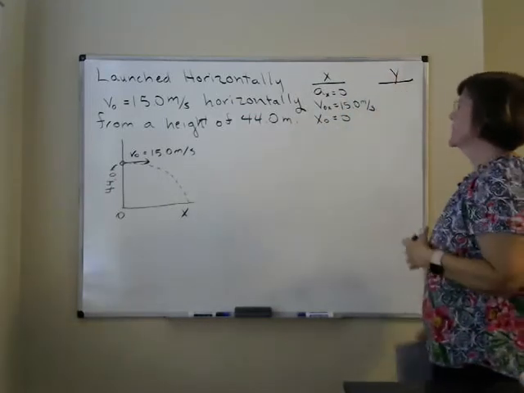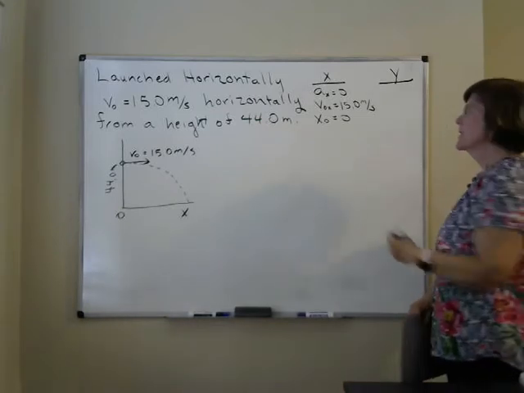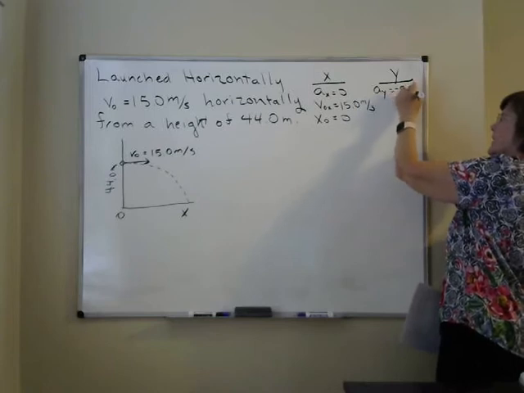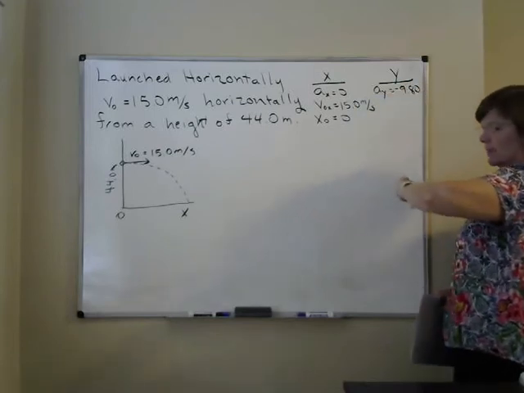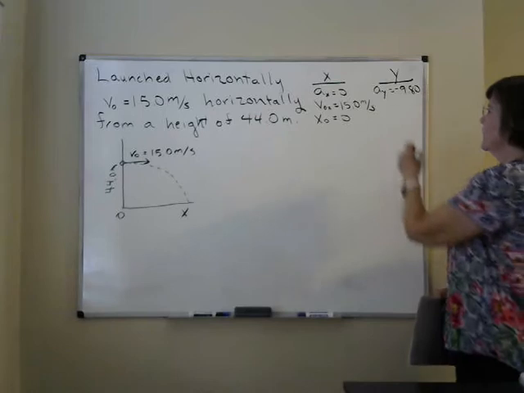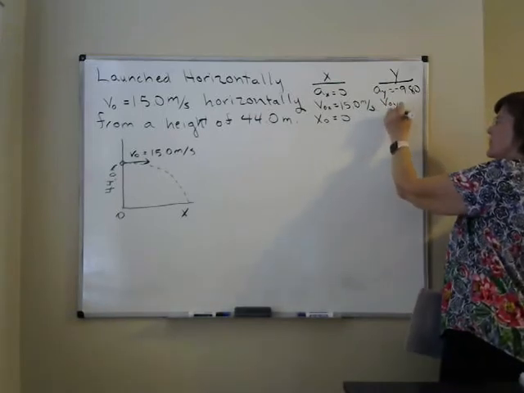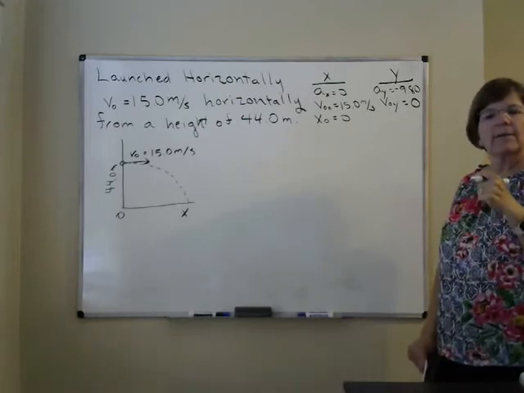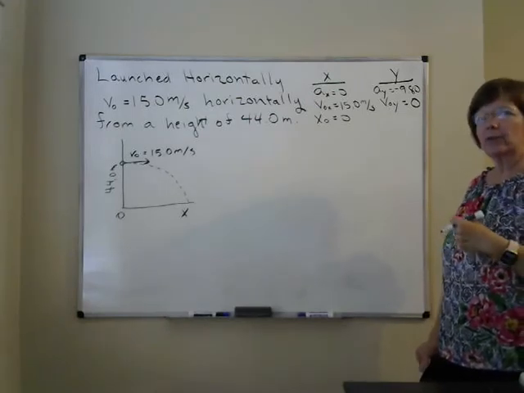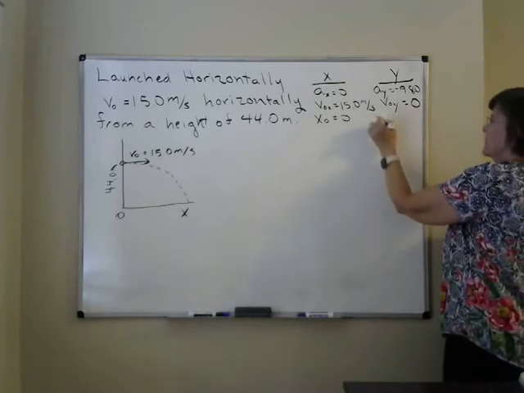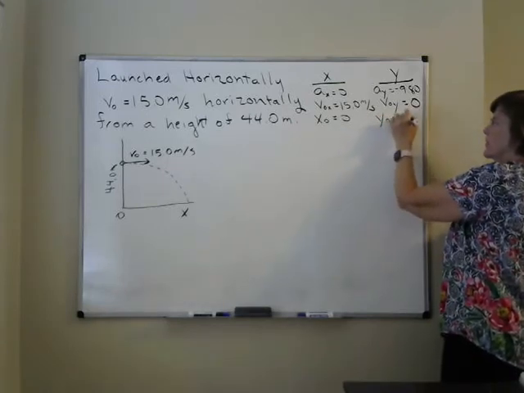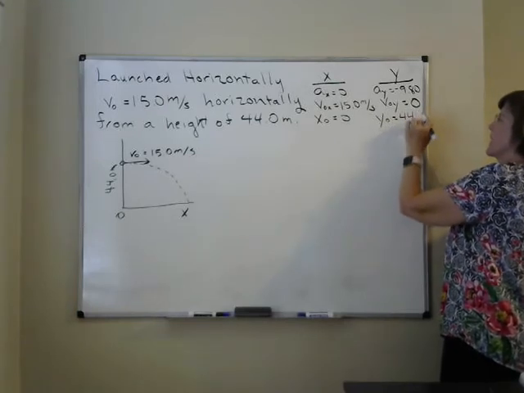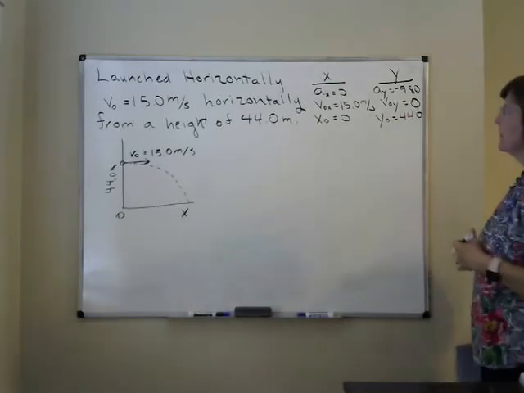If we come over here and think about vertical motion, we know that our acceleration is -9.80 meters per second squared, but I'm a little out of room. We know our initial velocity in the y direction was 0. When we launched it, that velocity did not have a vertical component. And we know our initial height is 44 meters. Again, I don't really have quite enough room, but we're good.